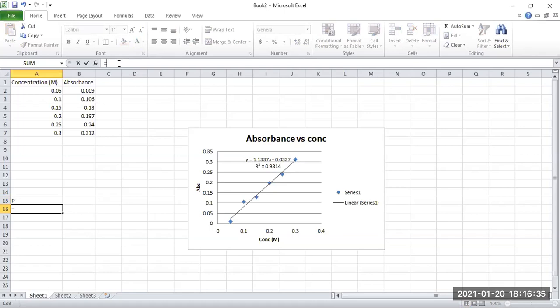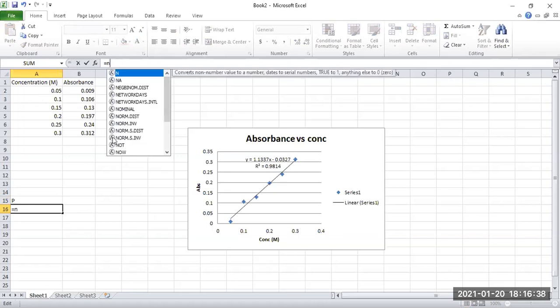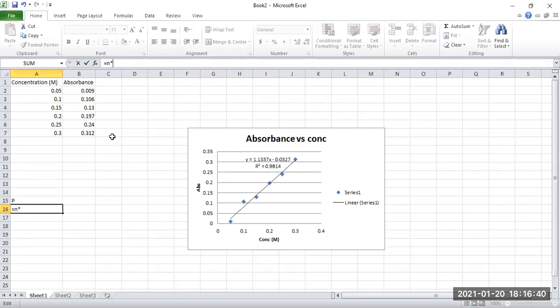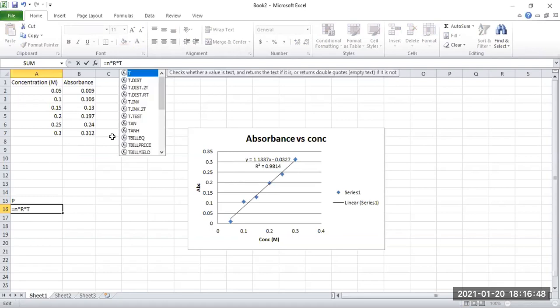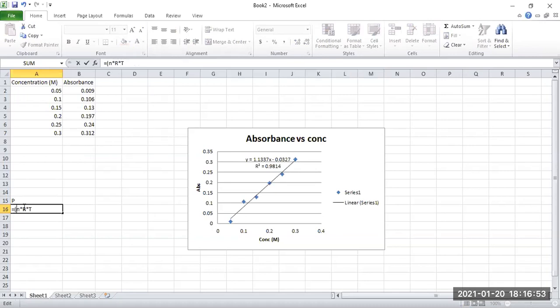And so N, then star means multiply, R, star, T. So that's N, R, and T all multiplied together. I'm going to put parentheses around this, hit slash to divide, and put V. And so you could enter values for R and T and V and have the computer calculate it for you.